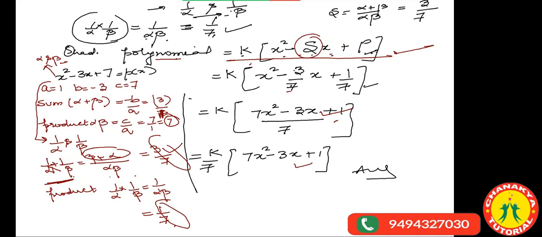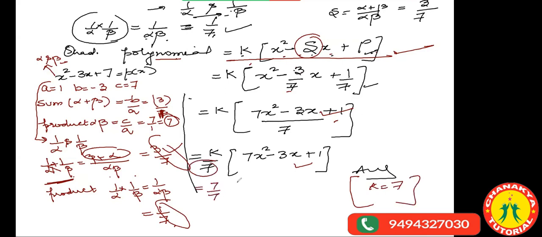So children, you can write like this also. Just wait. See, you can write k is equal to 7 because 7 is in the denominator.